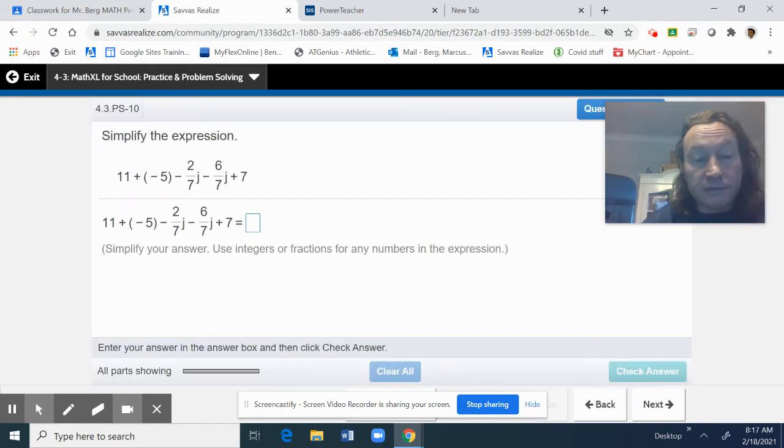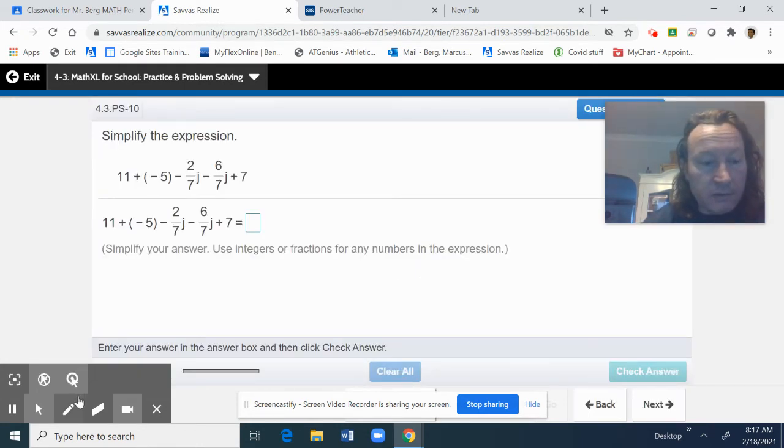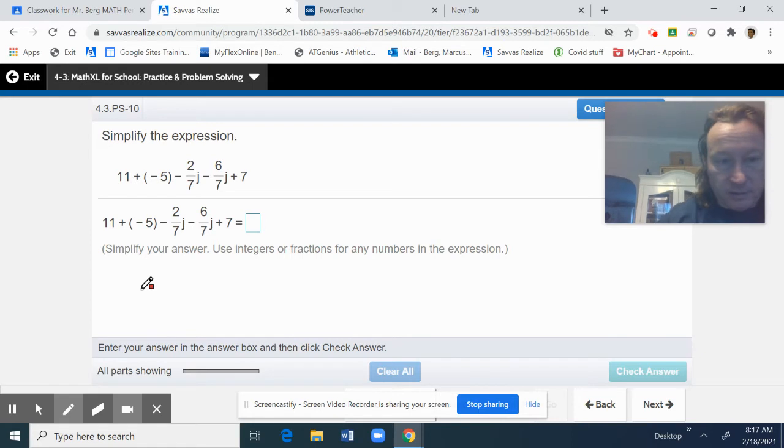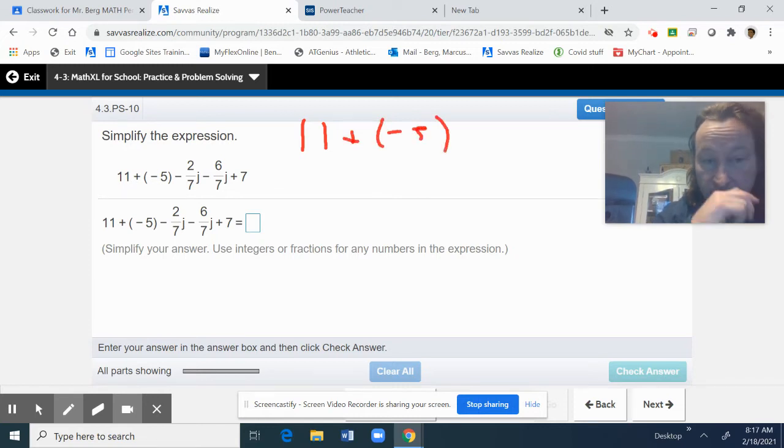Question 3 would be fractions. So what I would do is start by writing this with the numbers first. I would start with 11. And then the next thing I see is plus a negative 5, which you could just write as minus 5. The next one has a J, so I use this one, and I use this one.